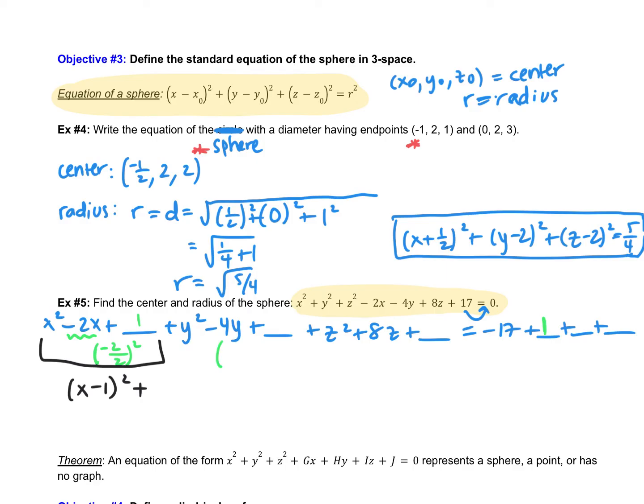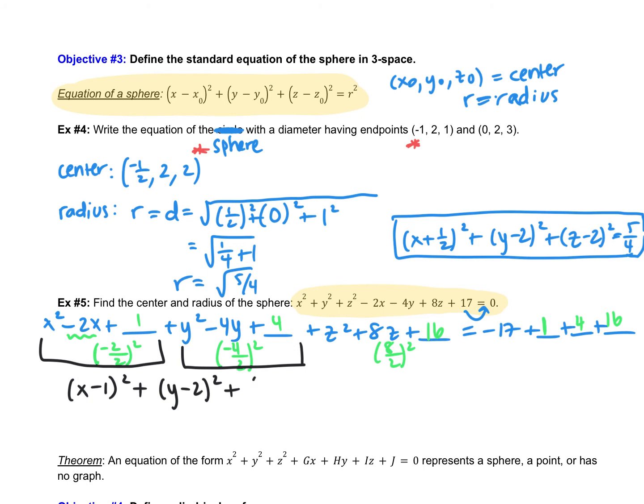Same thing for y. So I take that -4, divide it by 2, and square it, so I get a +4. And again, the idea is if that was correct, then this should become a perfect square binomial, which it is. That's y subtract 2 squared. And then lastly for z, if I take 8 divided by 2 and square it, I'm going to be adding 16.